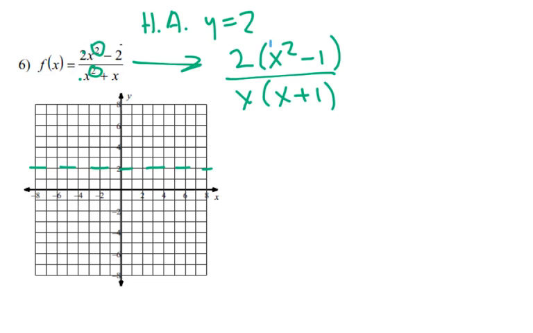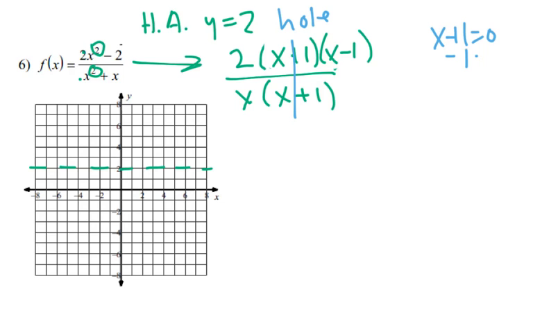Now, this is the difference of squares. Remember that x squared minus 1 squared? So that actually is going to be split up as (x plus 1)(x minus 1). So we are going to have a hole here, because the x plus 1's will cancel. So we go x plus 1 equals 0, get x equals negative 1 for the x value of our hole.